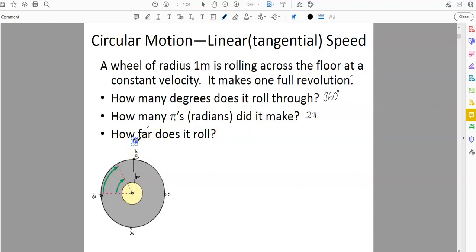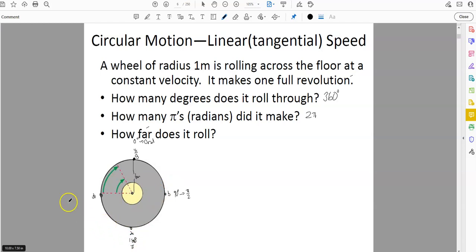So it starts out at 0 degrees, which is also 0 radians. And then here it's at 90 degrees, so it's rolled a little bit. Now it's at 90 degrees, which is actually pi over 2 radians. And then here it's at 180 degrees, which is actually pi radians, so that would say 3.14 radians.